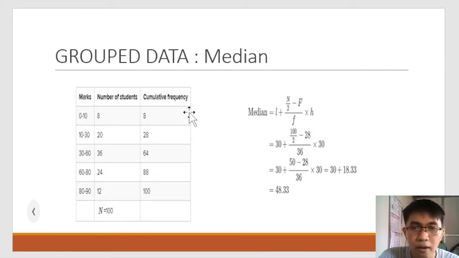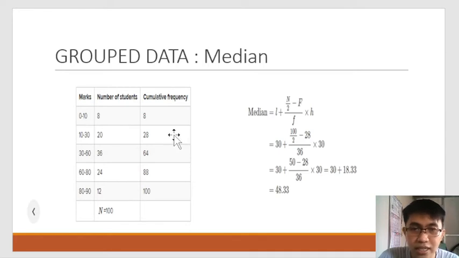According to Bluman, the author of the elementary statistics, ang rule lang daw po, kung ang median na nakuha mo when you compute 100 divided by 2 is 50, ang kailangang tingnan natin is the cumulative frequency. Yung unang cumulative frequency na mas mataas doon sa 50, yun daw po ang median class.